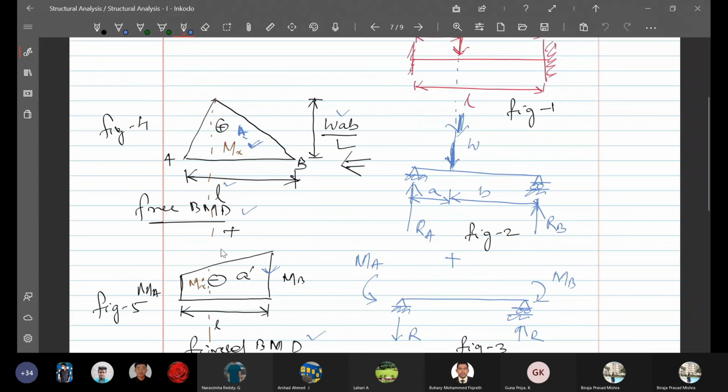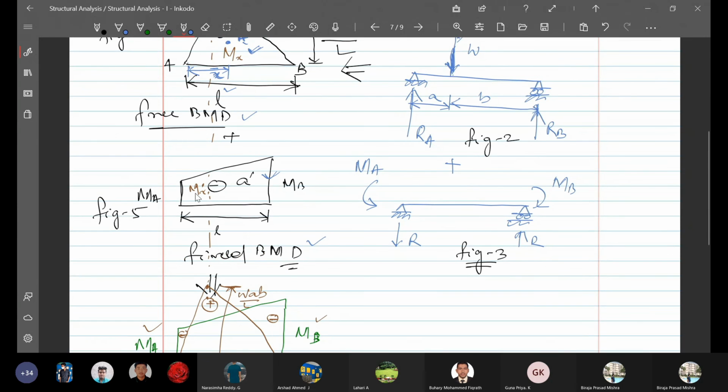Now let us say the distance of the centroid, for example here we have the centroid, is at a distance of x bar from the end A, and here the centroidal distance is x bar dash.